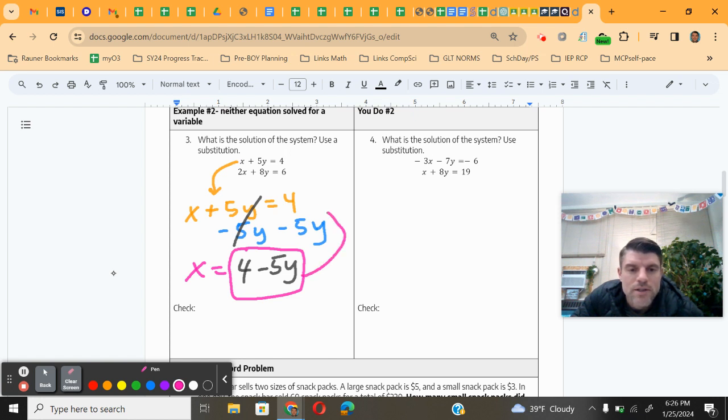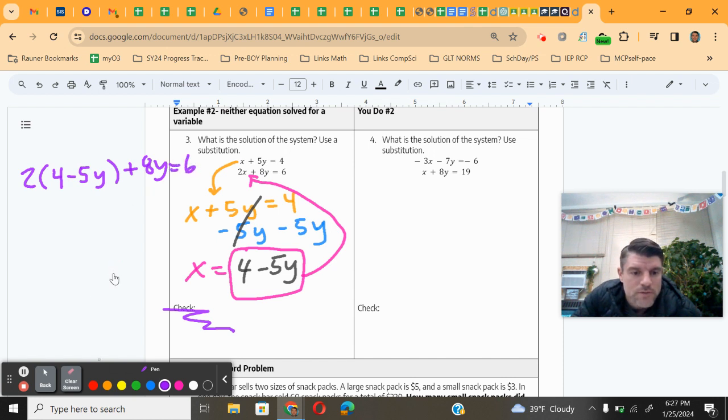So if it's 2x plus 8y equals 6. Now, I hope you're going to write it. You can write it right here. I'm going to write it here because I'm running out of space. So we're going to use this one. So it's 2 times 4 minus 5y plus 8y equals 6. 2 times 4 is 8. 2 times negative 5y is negative 10y.